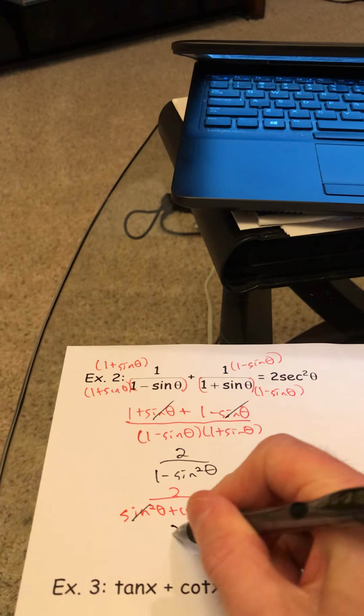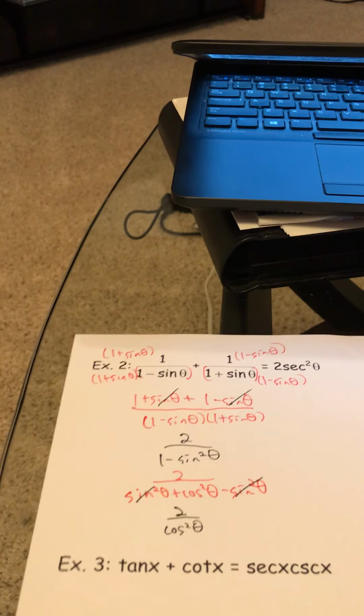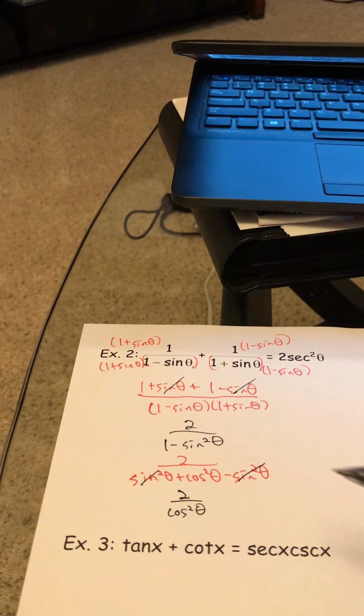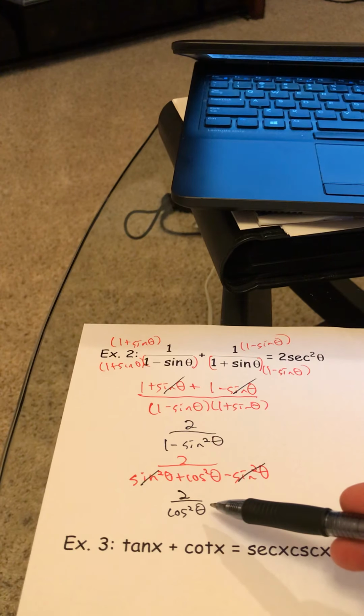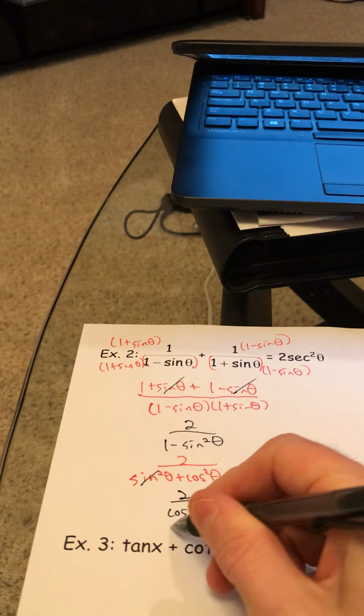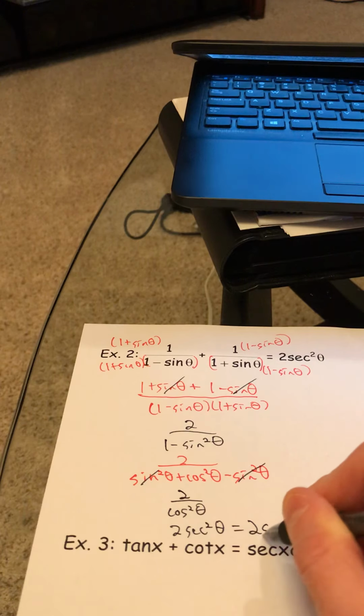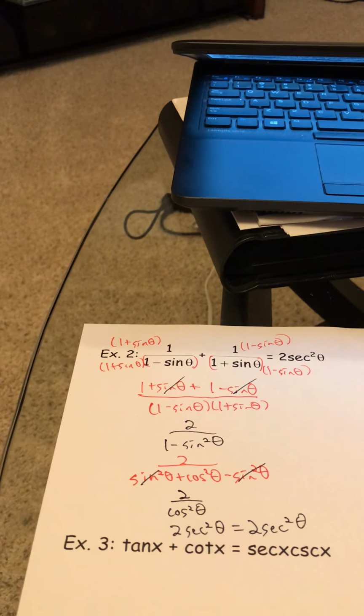We currently have 2 over cosine squared theta, and our final step is, once again, similar to our last example with a reciprocal. We are going to use that 1 over cosine squared is secant squared. So this simply becomes the 2 secant squared theta that we need.